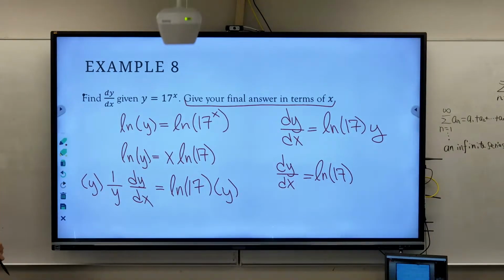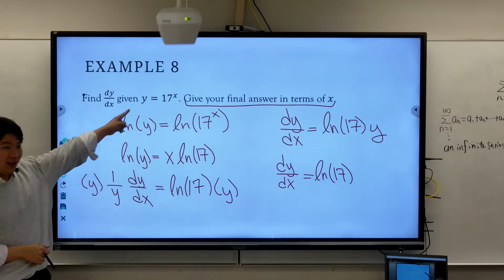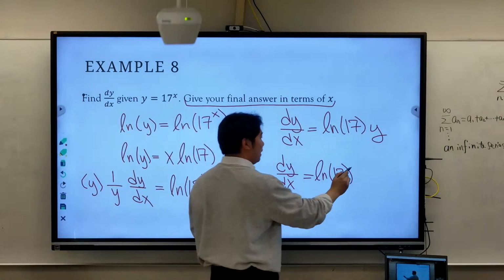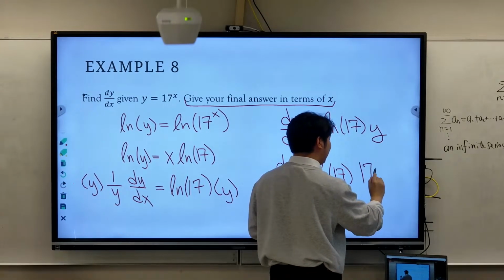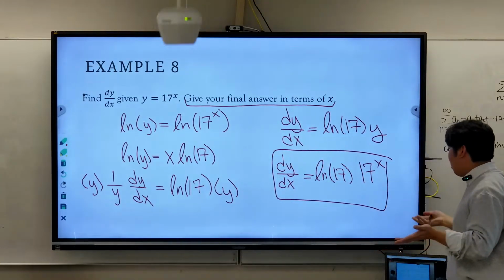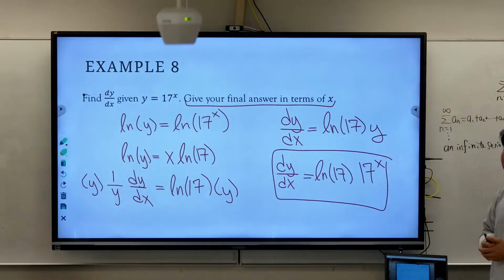It has nothing to do with a trig function. I claim the answer is already on the board, a way to get rid of y and make it only x's. Yeah, we know y is 17 to the x. So I can just replace that y with 17 to the x power. And now my answer doesn't have any more y's.